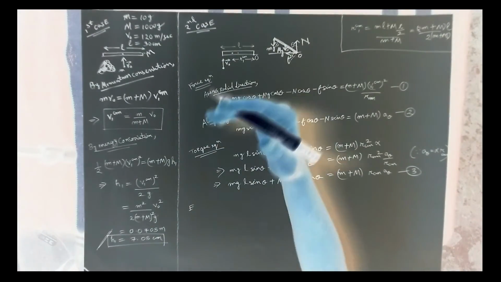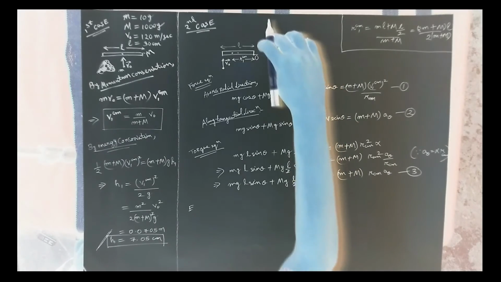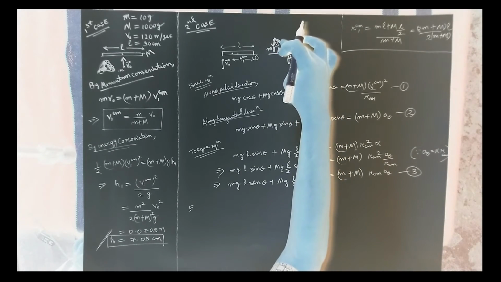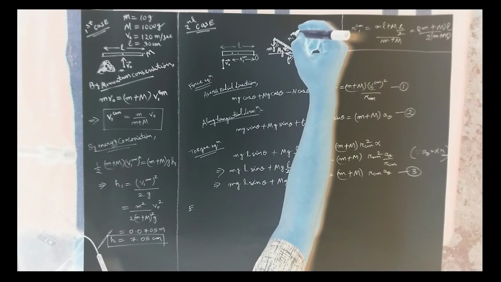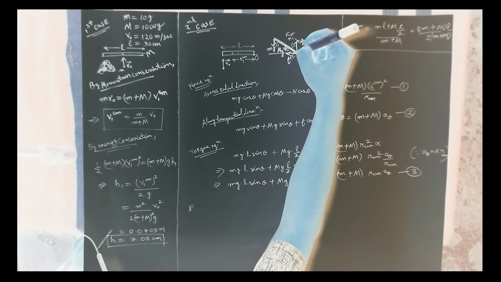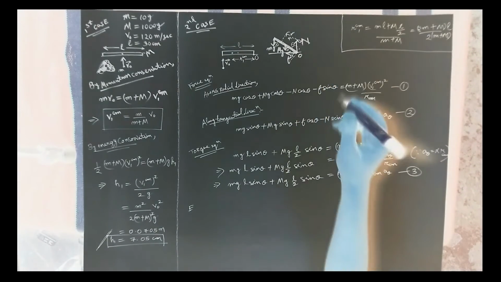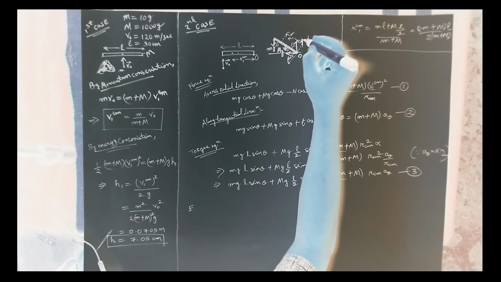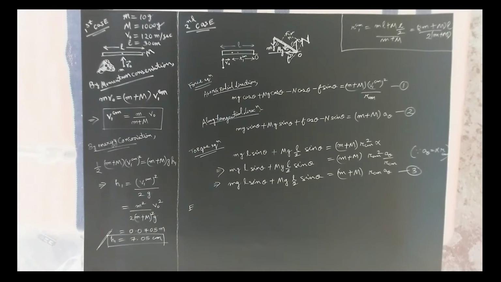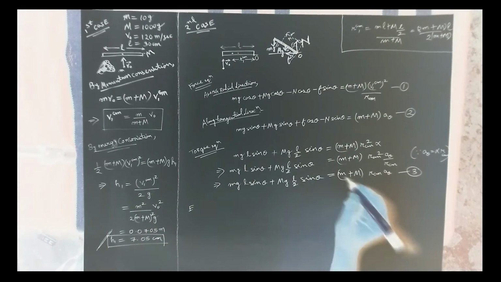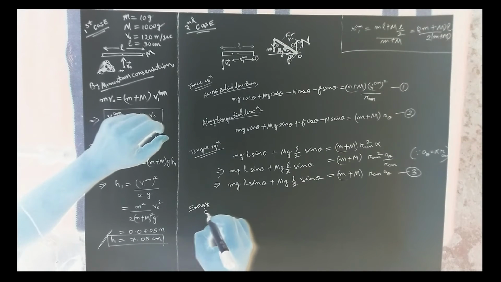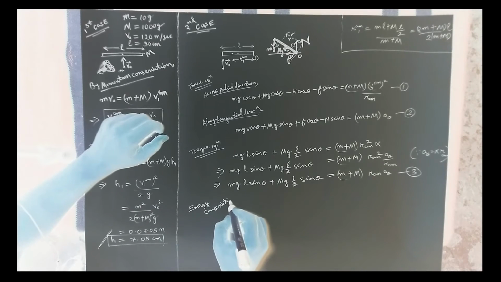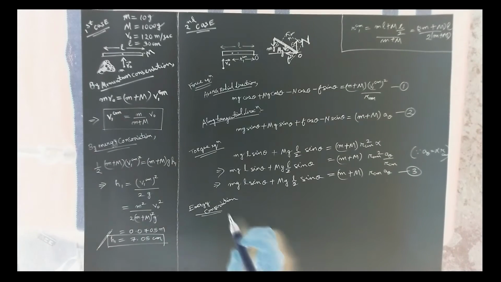Energy conservation after the collision of the bullet: whatever energy it is having is going to be converted into potential energy, as the center of mass RCM, let me put R1 cm here, attains some height.